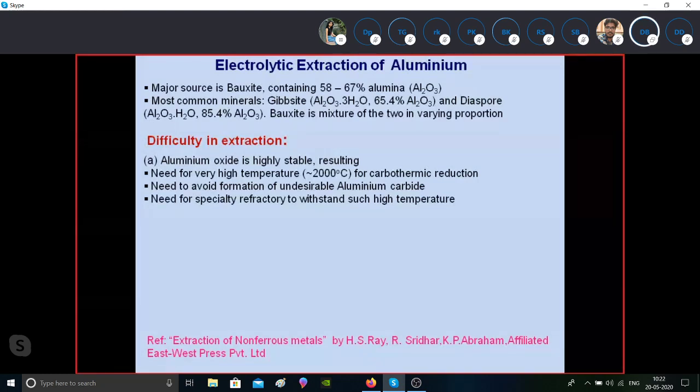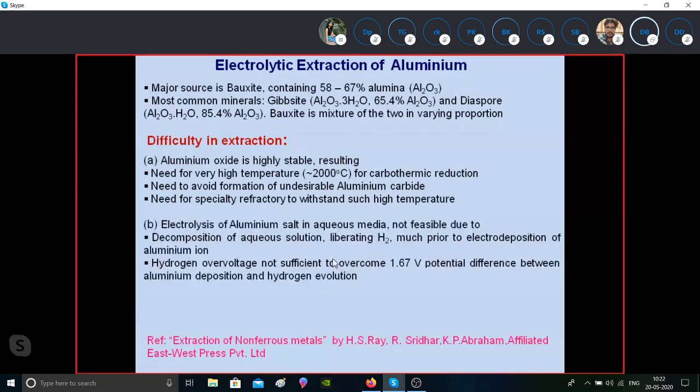And the second is the electrolysis of aluminium. Can we directly go to the electrolysis of aluminium salt in aqueous media? I say aqueous media because then we have to dissolve it in aqueous media and try to electrolyze it.